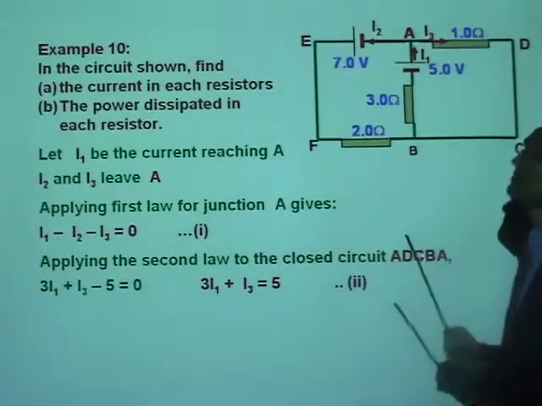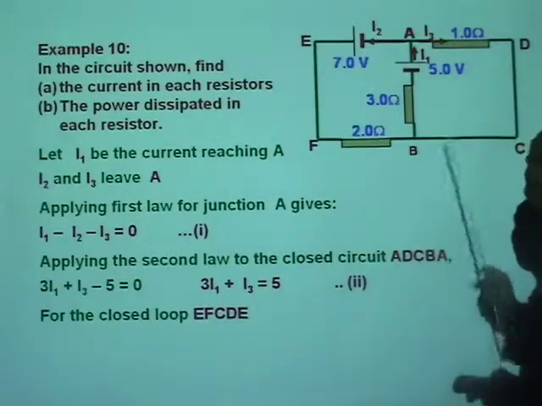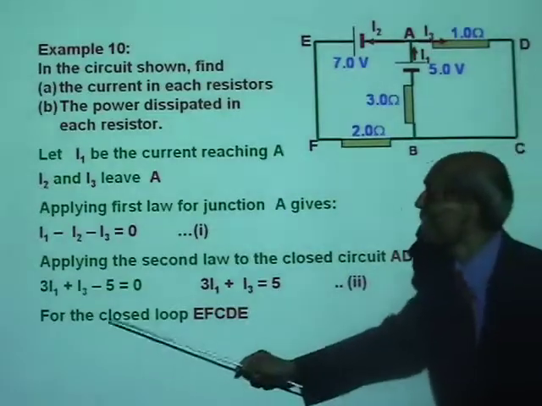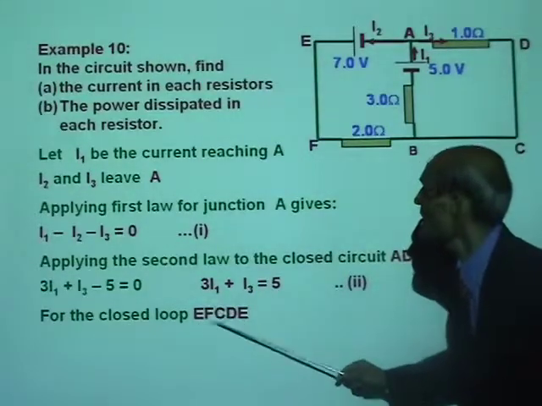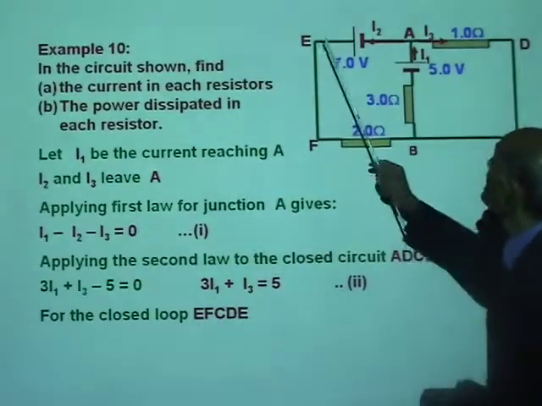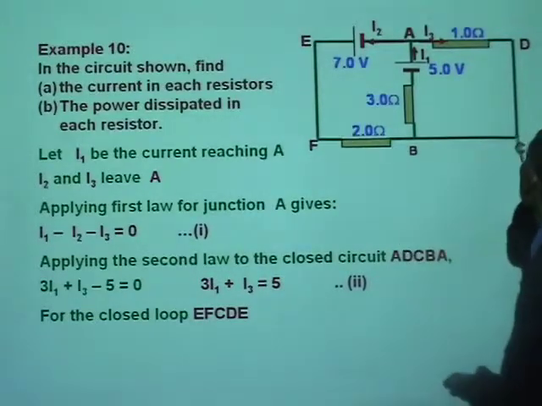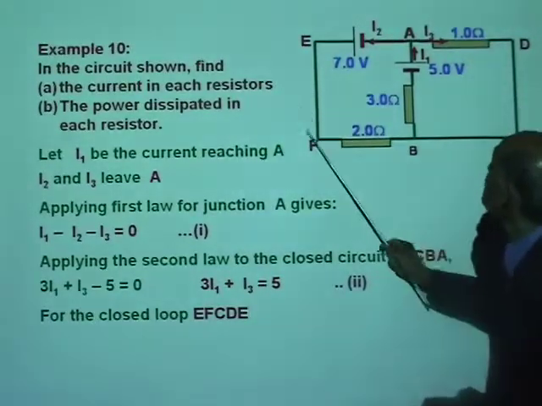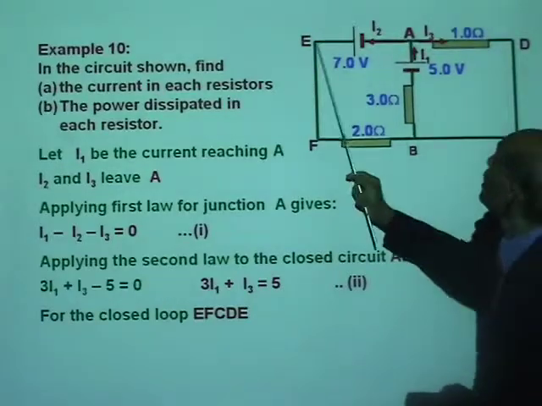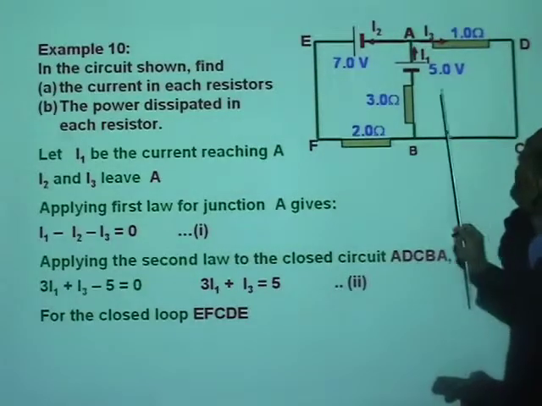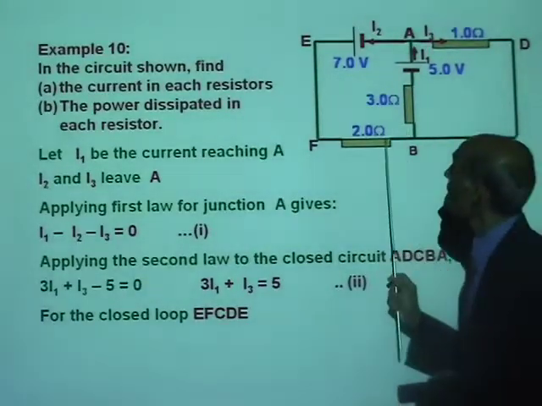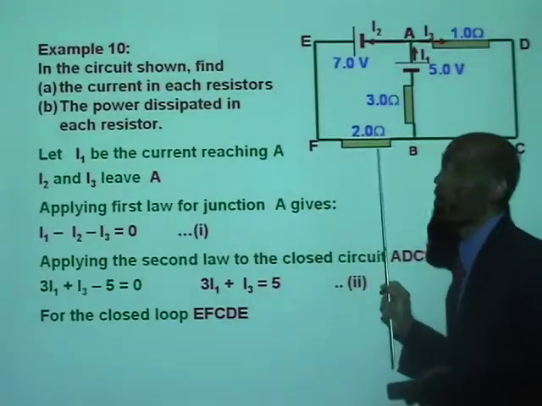That is our second equation. And now let's choose the closed loop EFCDE. This time I chose the outer closed loop. And now look at the way. Can you tell me what is the current in the 2 ohm?